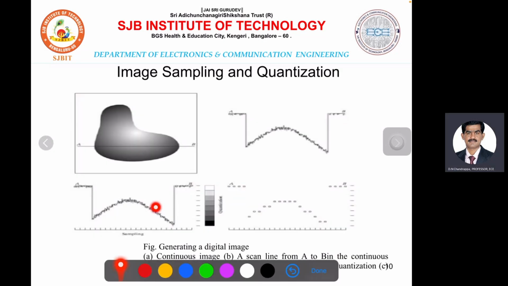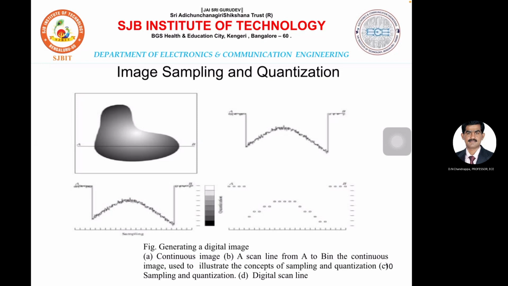See here, look at the sampling and quantization. Then finally, the digitized scan line. So this is one example of how a continuous image, the analog image, is converted into digital form.